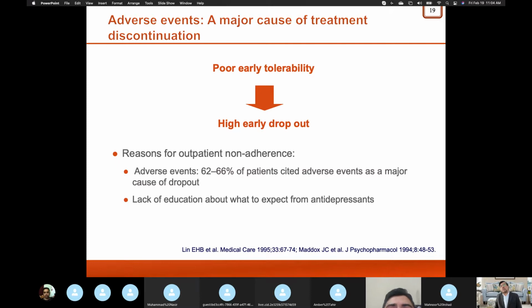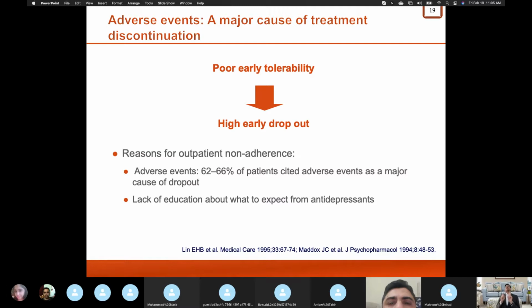He will definitely develop the sexual side effect with the same dosage of escitalopram. And if you give a lower dosage, I will cry because he will never respond to the treatment. So it's complicated. Adverse events: 60 to 66% of patients cited adverse events as a major cause of dropout.